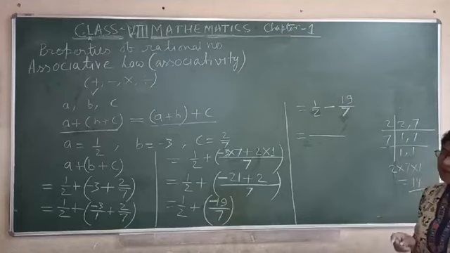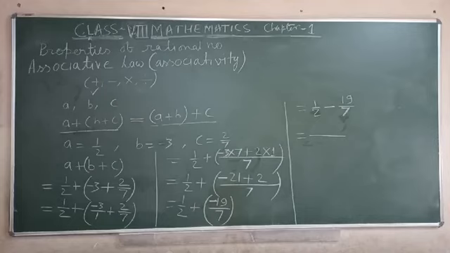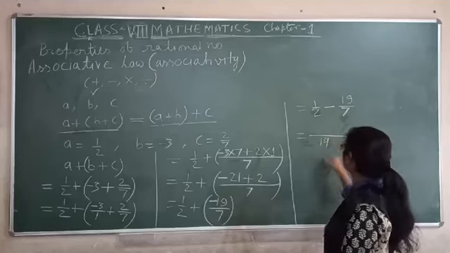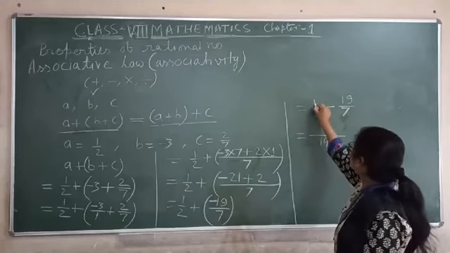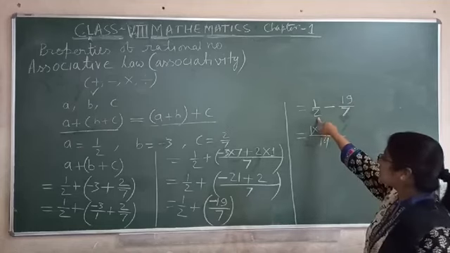And a direct method: if you have co-prime numbers, 2 and 7 are co-prime numbers, so you can directly multiply. You know co-prime means the common factor is 1 only. So 2 sevens are 14 here, and already 1 you have, 1 into 14 divided by denominator.